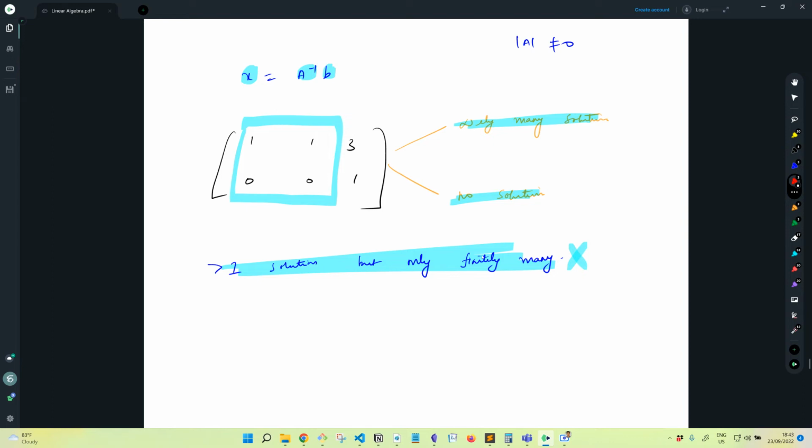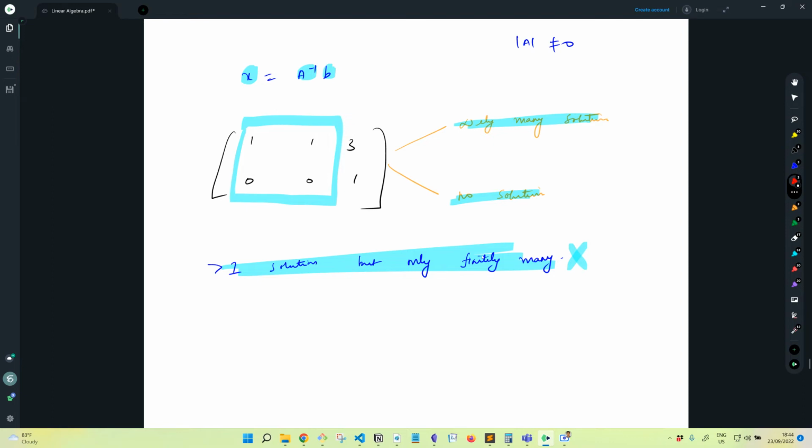That is when the system has a unique solution. Now it is very clear that to fall in one of these two cases, you need to encounter at least one row that's all zeros.